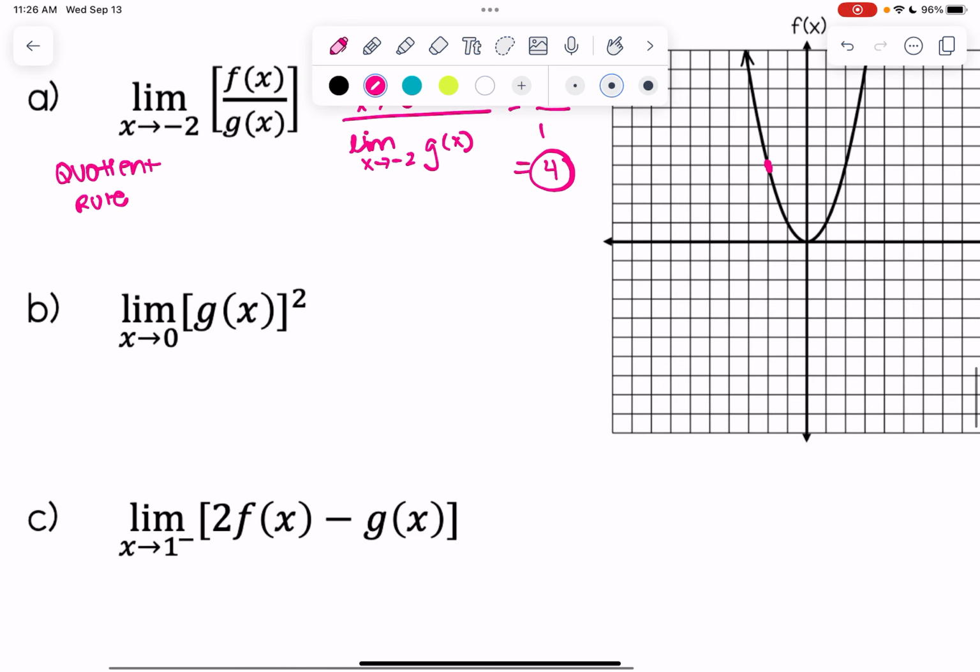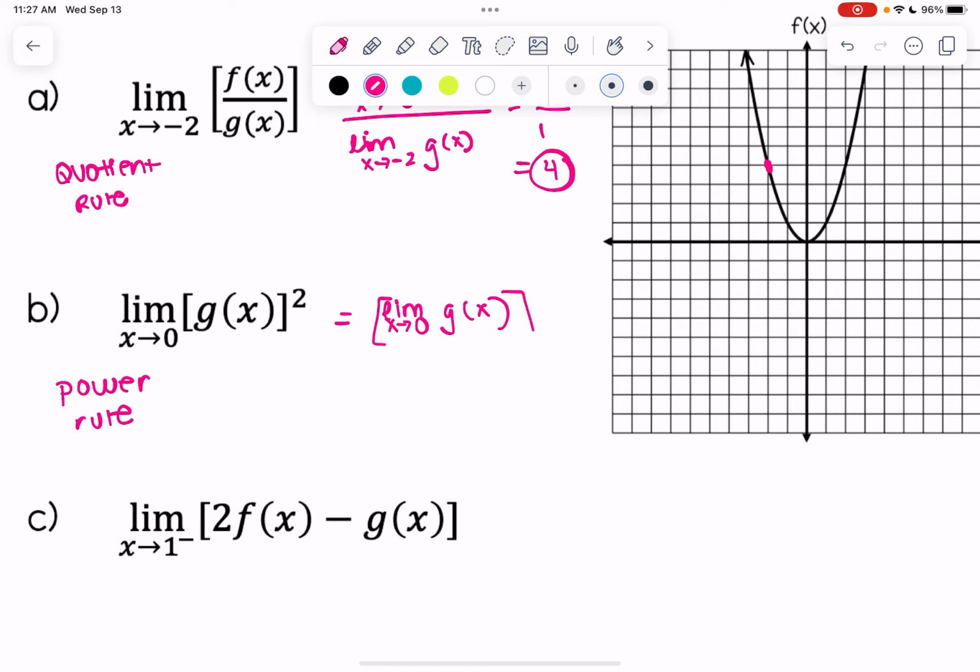All right, for B, the limit as x approaches 0 of g of x squared. So we have this to the second power here, so that's called our power rule. And that's equivalent to the limit as x approaches 0 of g of x, squared.